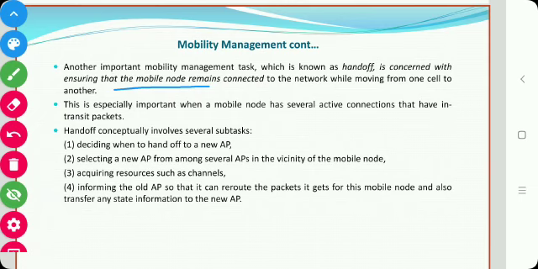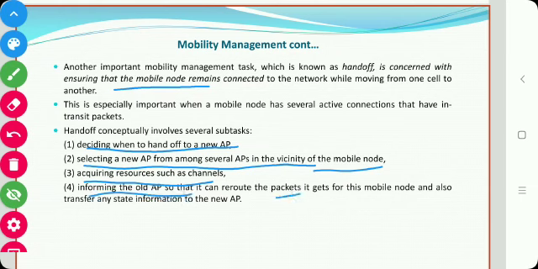Handoff conceptually involves several subtasks: first is deciding when to hand off to a new AP. Second is selecting a new AP from among several APs in the vicinity of the mobile node. Third is acquiring the resources such as channels. And fourth is informing the old AP so that it can reroute the packets it gets for this mobile node, and also transfer any state information to the new AP.